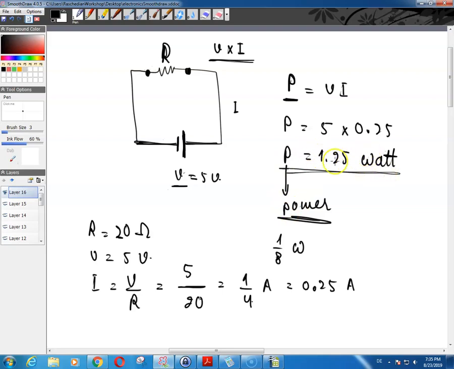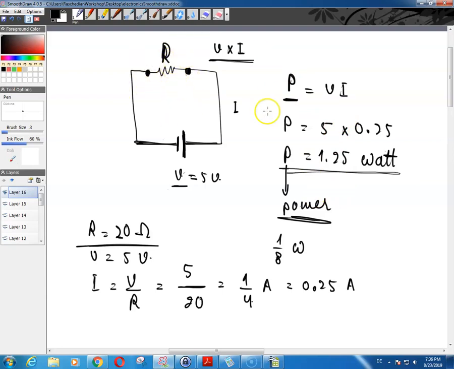So since the power dissipated on this resistor is 1.25 watts, the resistor that you want to use here is at least a 2 watt resistor, not less than that, or at least a 1.5 watt resistor or something like that, with the same amount of resistance that you need over here. So that's basically all the concepts about the heat dissipated from a resistor and the wattage or the power of a resistor, and so on and so forth.